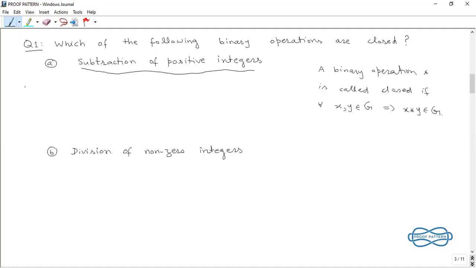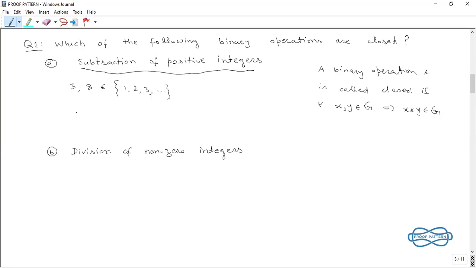To prove something, we have to prove the general case, but to disprove some fact, we just need to give one counter example, and that will be enough. So the answer is the subtraction of positive integers is not closed, because if we take two integers, for example 3 and 8, sorry, we have to take the positive integers, 1, 2, 3 and so on.